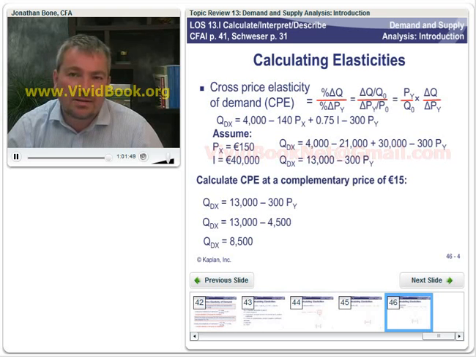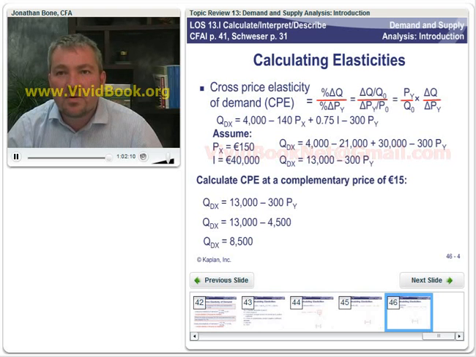Okay, now, if we assume that the price of the complement is 15 euros, let's calculate our cross-price elasticity of demand. So what we're going to need to do is insert 15 euros for PY, so we end up with 13,000 minus 4,500, which boils down to 8,500. So PY over Q0 is going to be 15 divided by 8,500.